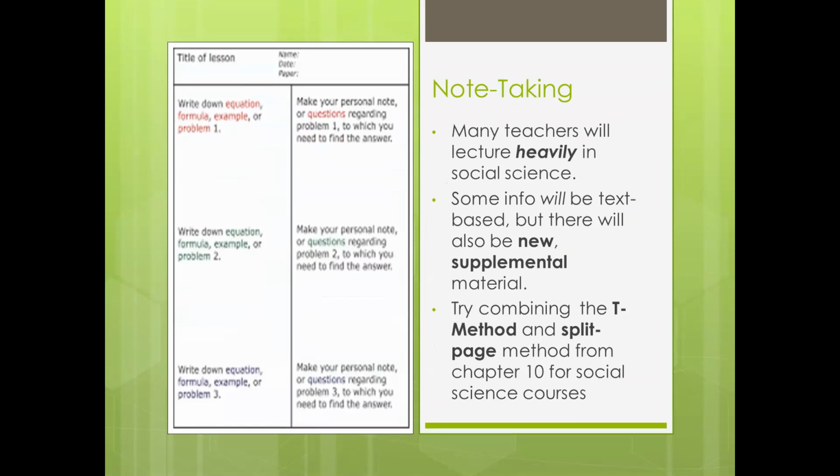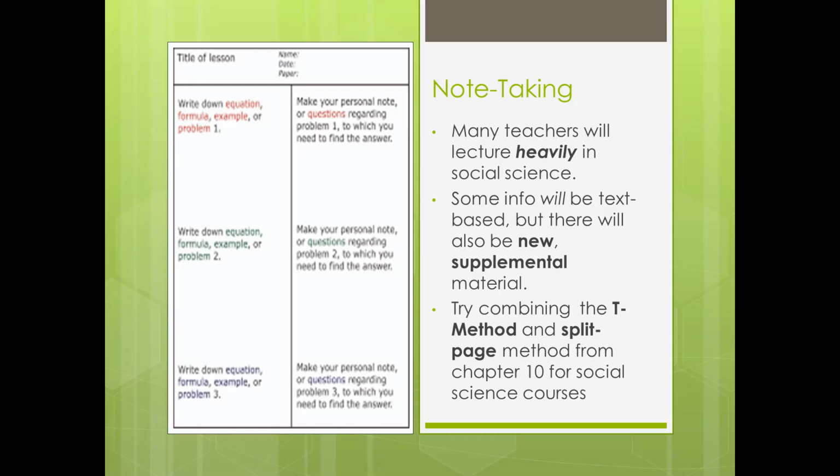Now, we spent quite a bit of time in chapter 7 and 8 thinking about the process of note-taking. So with a heavy lecture course, which is often how social science courses are described, many teachers will lecture heavily.